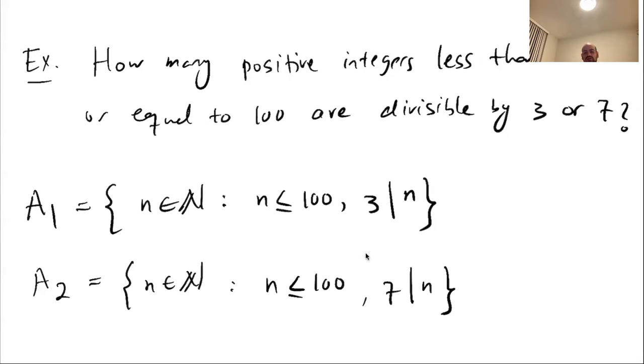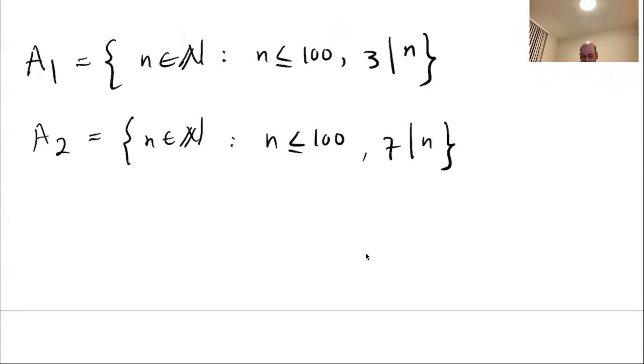So A1 is the set of natural numbers which are less than or equal to 100 and divisible by 3. A2 is the set of natural numbers which are less than or equal to 100 and are divisible by 7. And then what do we want to find? We want to find the number of elements in A1 union A2.